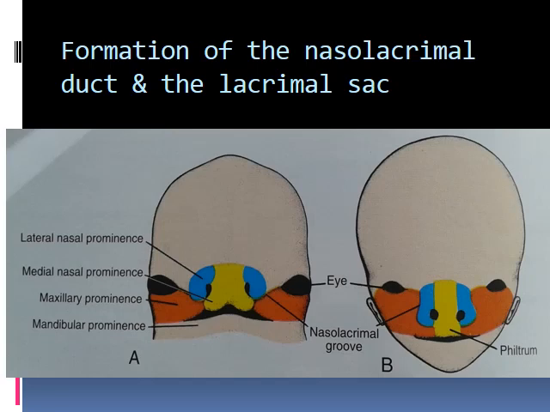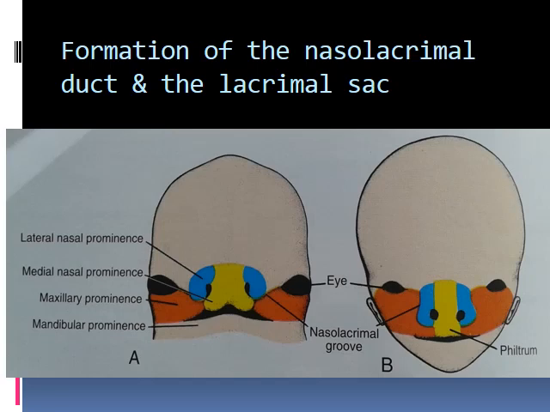So this lacrimal sac and the nasolacrimal duct so formed connect the medial angle of the eye and drain into the nasal cavity. So this is how the nasolacrimal duct and the lacrimal sac develop in the embryo.